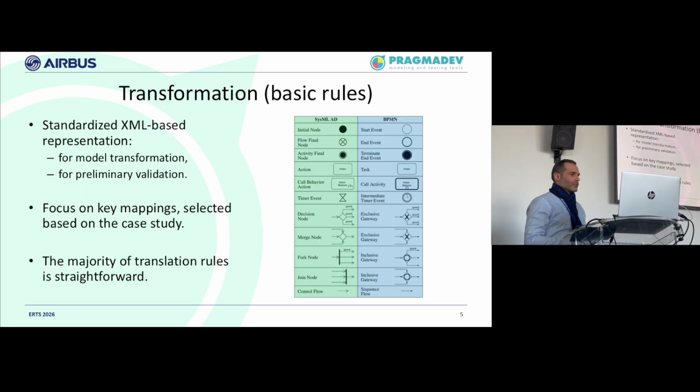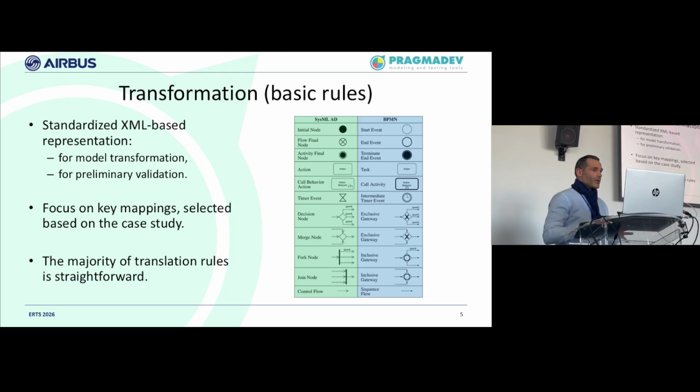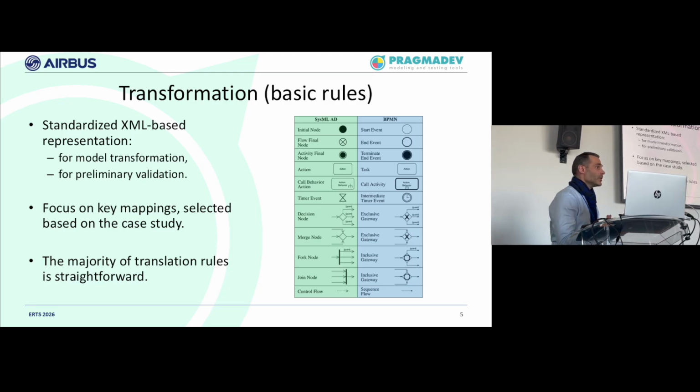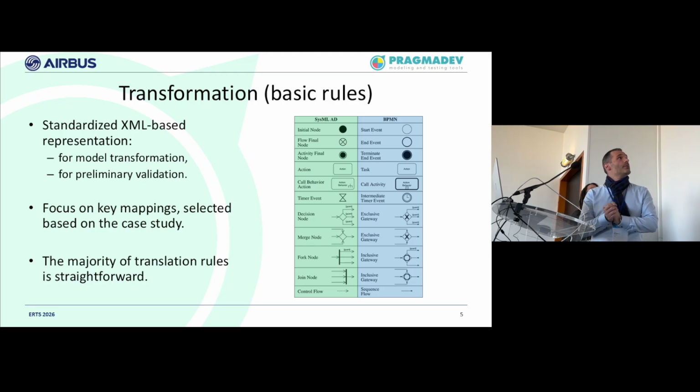So I will try not to go deep in the details of the transformation. I will try to keep it high level. The basic idea, so we are trying to do some model transformation. So how do we approach this? Both languages have an XML representation. So we use that XML representation, which is very important, is standardized for both languages by the OMG.